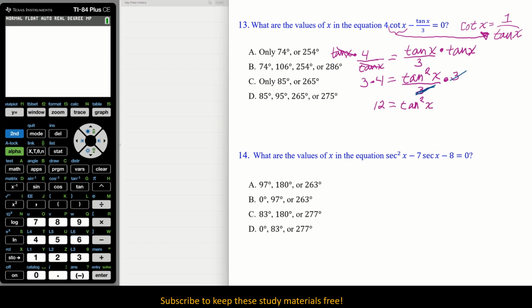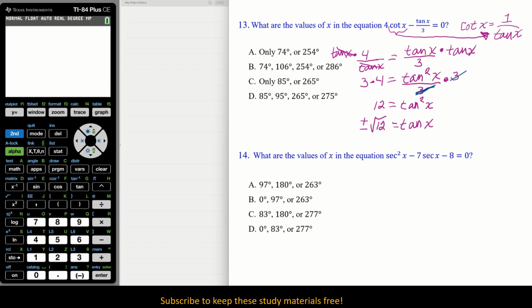So if we put 12 under the square root, now remember, it's positive and negative, then we know what tangent x equals. But we're going to need angle measures, so we need to take that positive 12 and the negative 12 under the square root, and then use the inverse tangent.